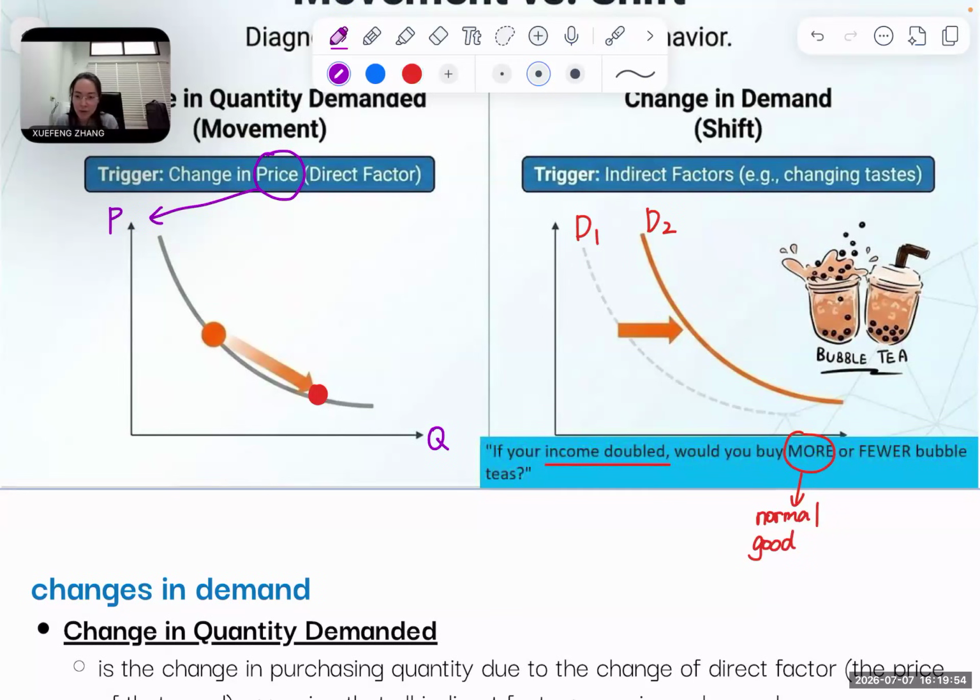But if you said fewer, that means bubble tea is an inferior good for you. We'll talk about those two things later. Here, let's just move on.